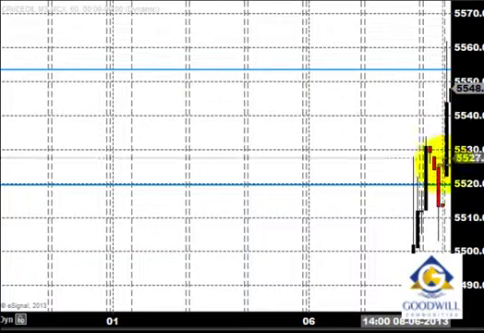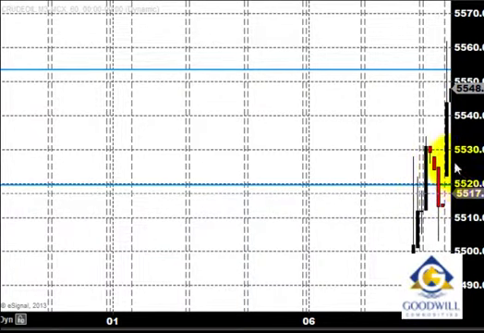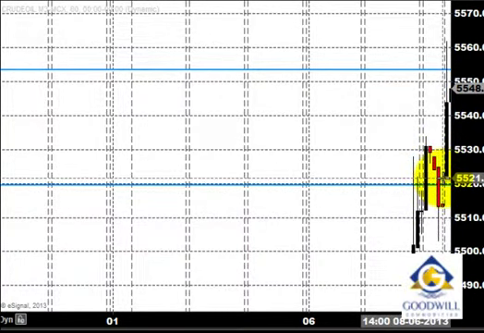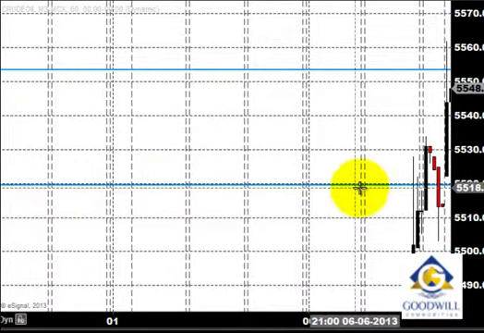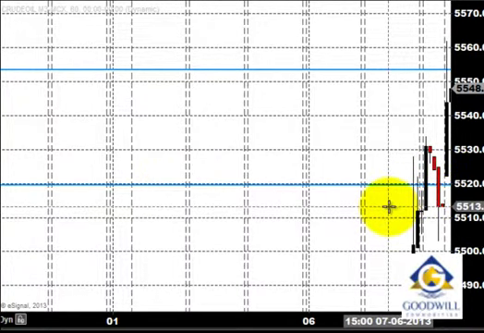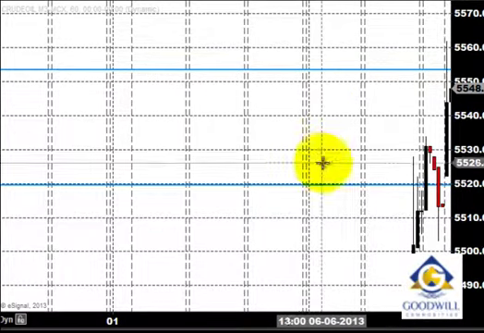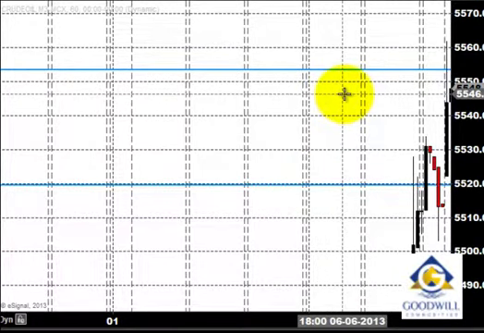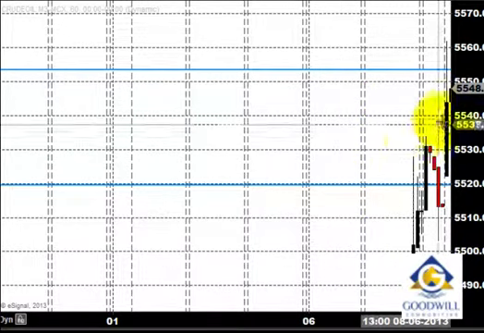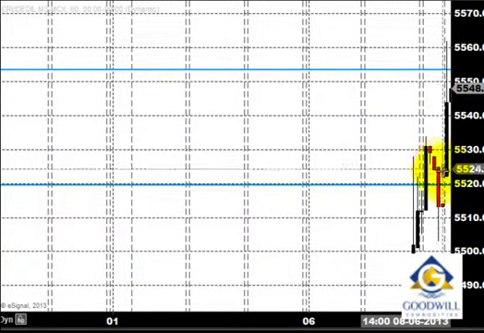Looking at this, we could say that the price opened nearly at 5,520, and we had marked this as a blue line. All the blue colored lines indicate the respective possible supports and resistances, and we had explained very clearly that support and resistance interchange. Now let us go back and see what happened after the price opening.